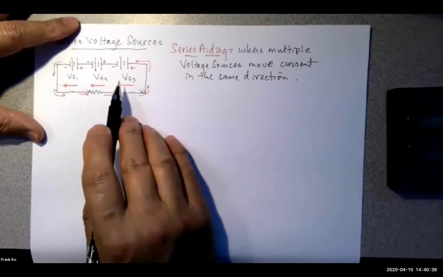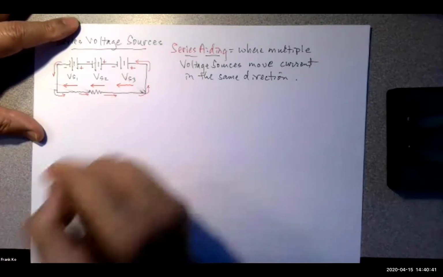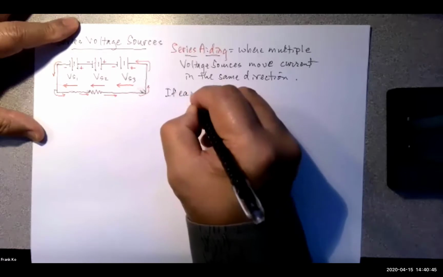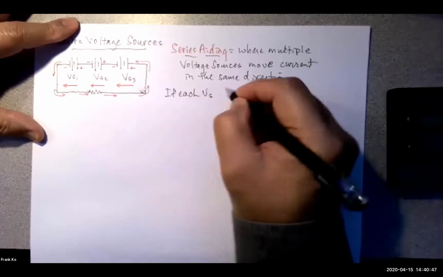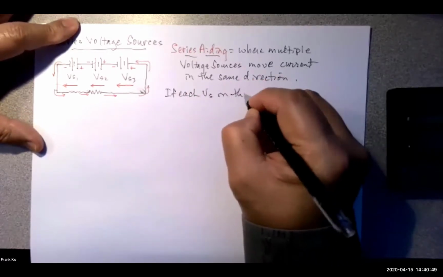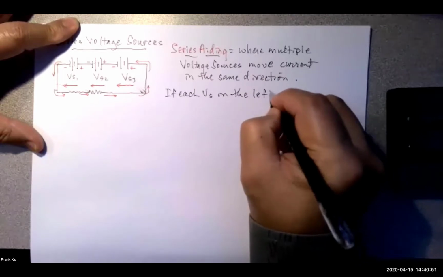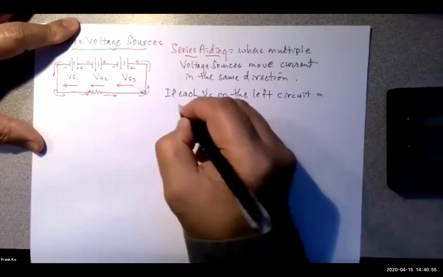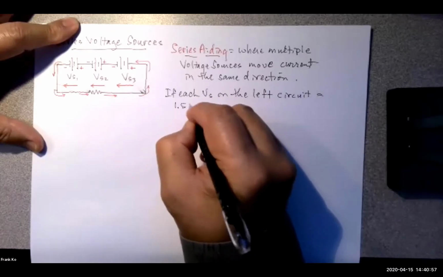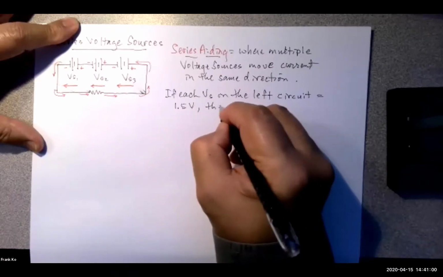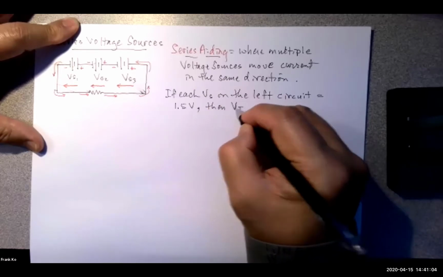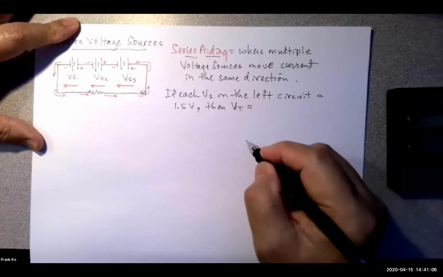And it turns out that if each one of these voltage sources, each VS in the circuit on the left, equals 1.5 volts, then Vt, for V total, must equal what? What do you think?